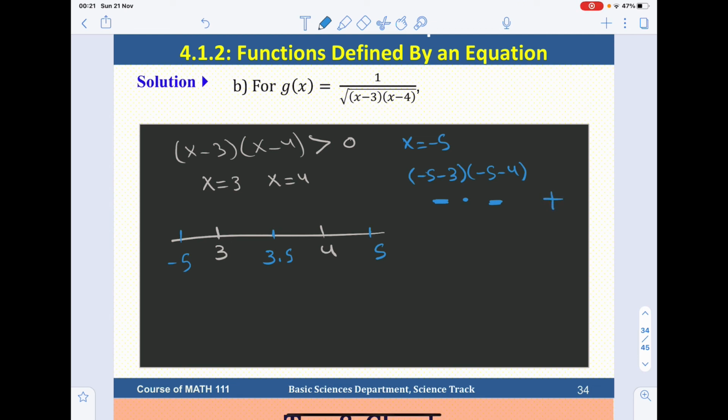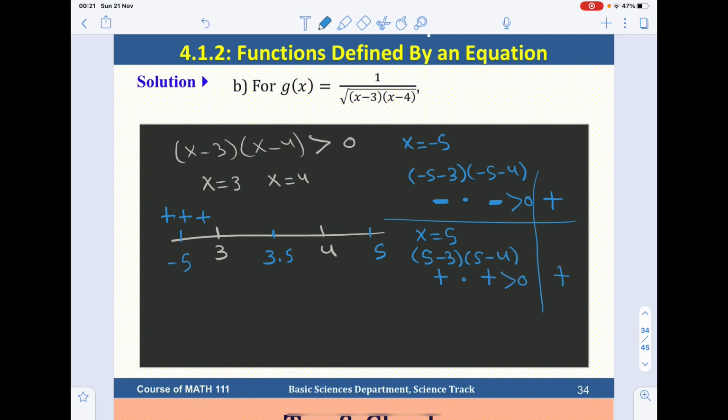So the result here would be more than 0. For x equals 5, I will have 5 minus 3 times 5 minus 4. So 5 minus 3 will be positive, and 5 minus 4 also positive, and positive times positive is also positive, which is more than 0. So also here is positive.